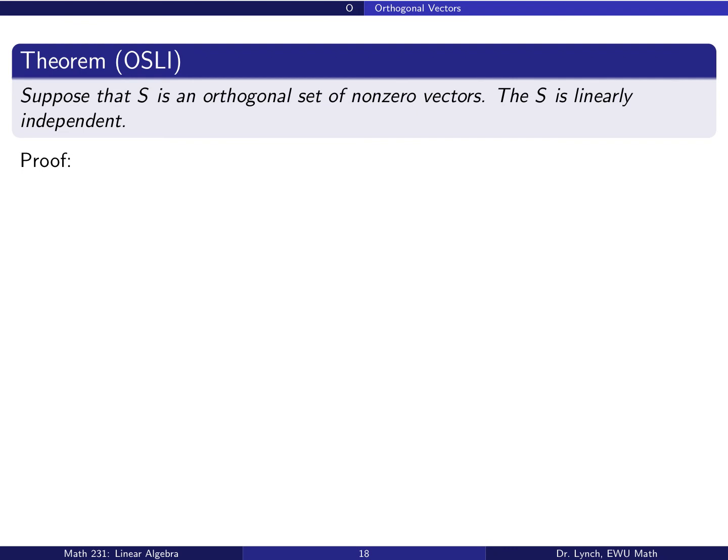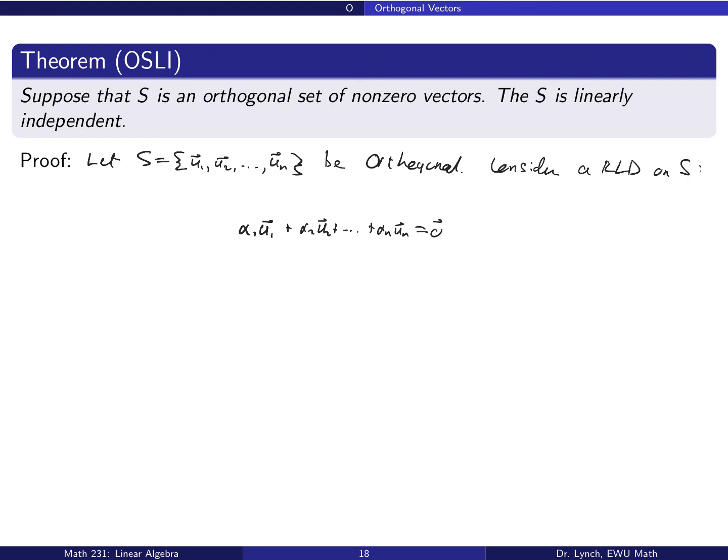And in order to think about linear independence of that set, we'll consider a relation of linear dependence on that set S: alpha 1 u1 all the way out to alpha n un is equal to 0. Now we know that if only the trivial relation of linear dependence exists, then the set is linearly independent.